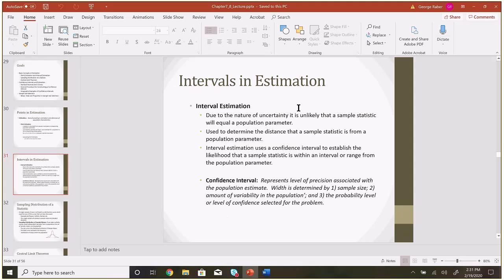So intervals are important. Just coming up with a value will get us somewhere, but if we want to make an estimate of how confident we are that that value is near the true value, then we need to come up with an interval.